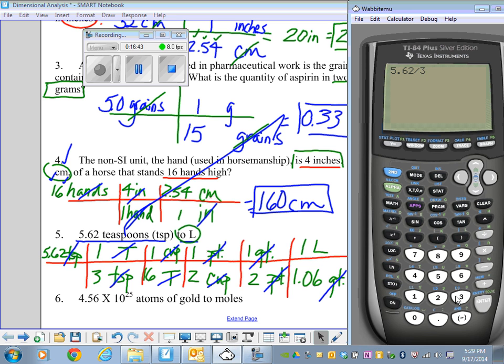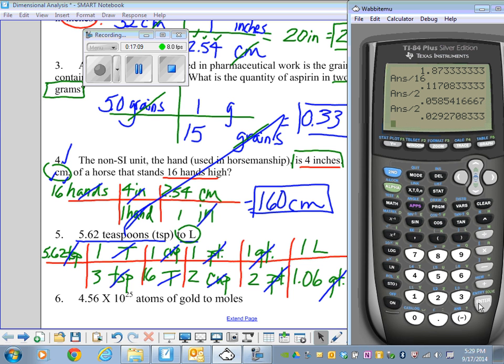But we're going to start to divide. We will divide that by the 3 tablespoons, or rather teaspoons. And I recommend you just hit enter. Then you're going to divide that by 16 and hit enter. You will divide it by 2 and hit enter.